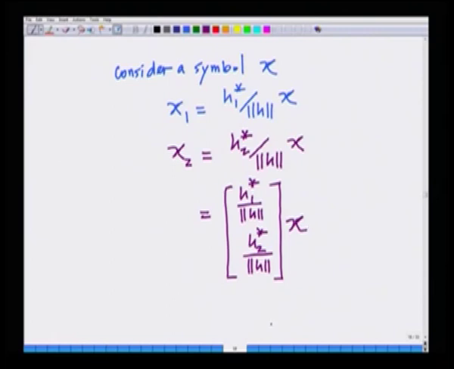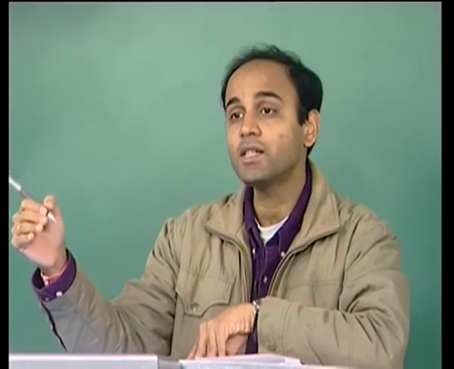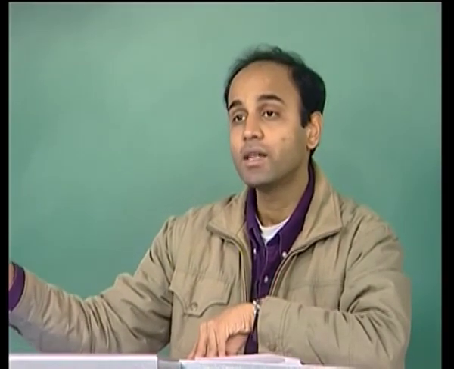So, I am going to transmit x1 x2 as h1 conjugate over norm h, h2 conjugate over norm h, times x, where x is the actual modulated information symbol. This is also similar to the pre-coding that we saw in the singular value decomposition. Remember, before transmission, we obtained the vector x as V times x tilde.